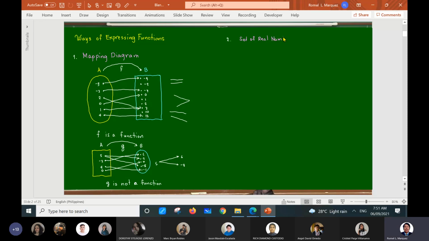Now we say real numbers because we will be limiting our functions to involve real numbers only, okay? Although, in general, functions can have elements that are not just real numbers, can be complex numbers, can be characters, can be names, locations, and so on.